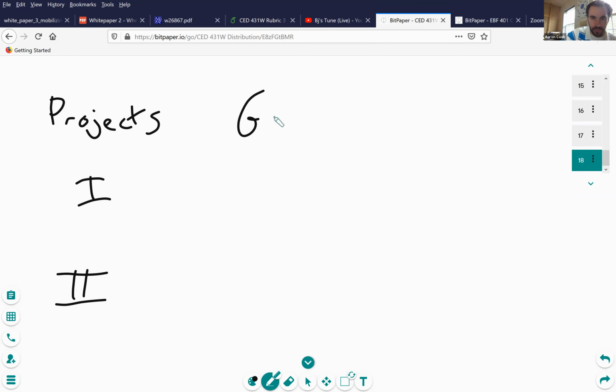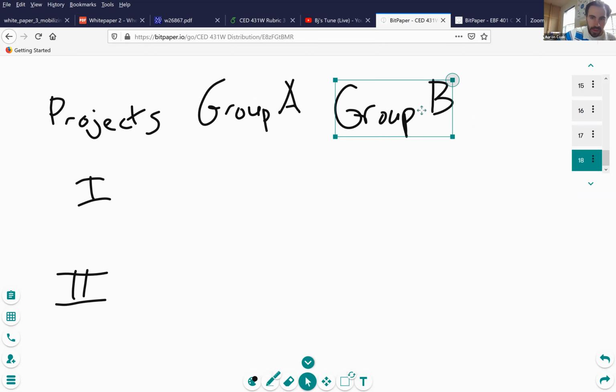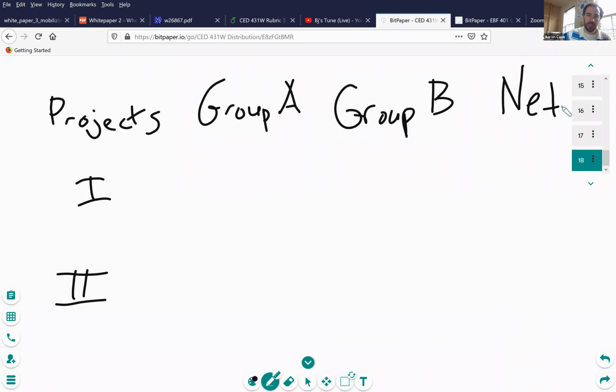We have two groups, group A, group B. Each of these groups individually are going to have some benefits associated with these projects, and so overall there's going to be some net benefit associated with these projects.